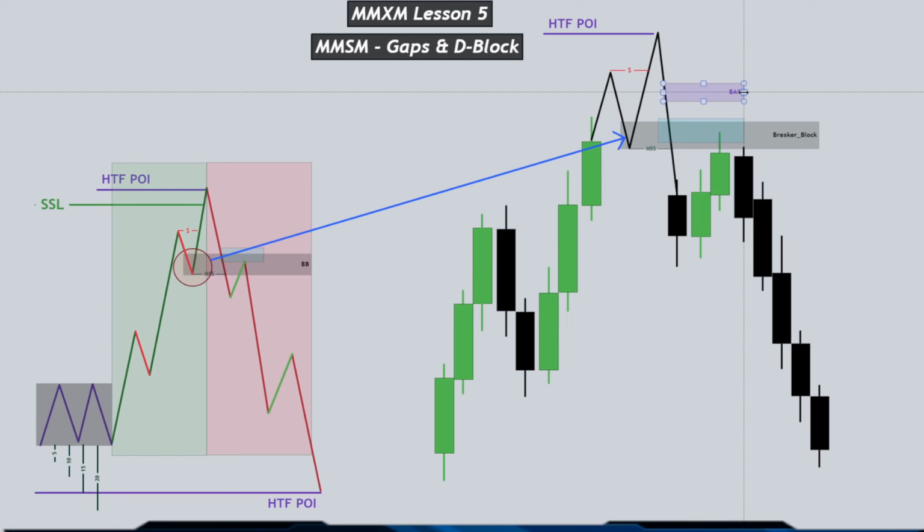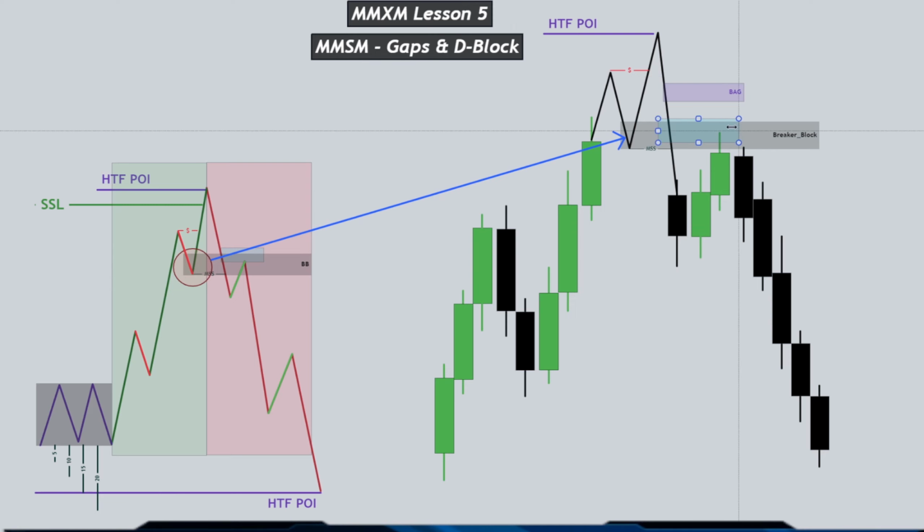Now a breakaway gap, I'm coming to the gap part, but a breakaway gap can be found above a breaker block range, or if there are consecutive up close candles that can act as your order block, the breakaway gap will mostly form around that area.